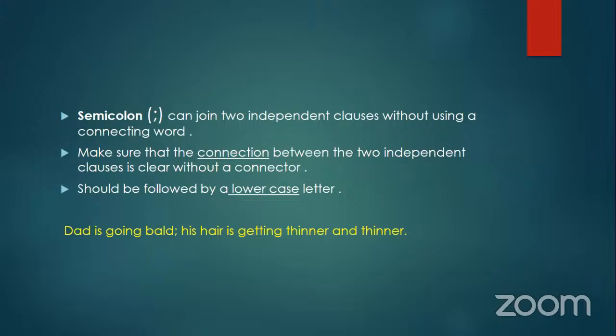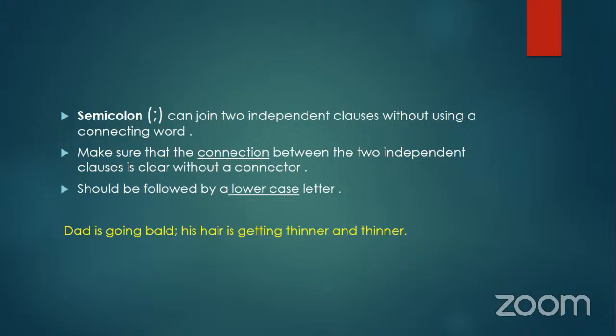Also, we can use a semicolon, which is like a comma with a dot above it, to combine two independent clauses without using a connecting word. We can see the example below. Dad is going bald, semicolon, his hair is getting thinner and thinner.